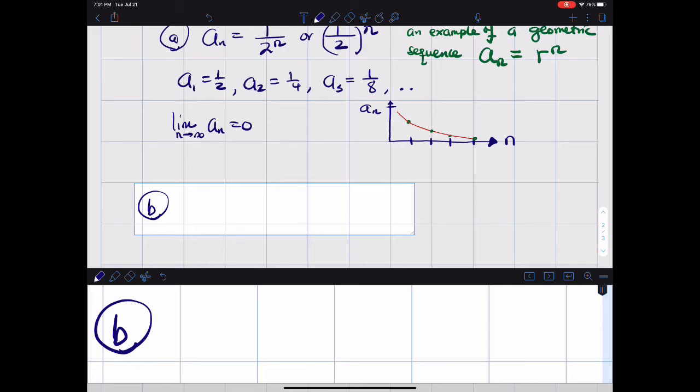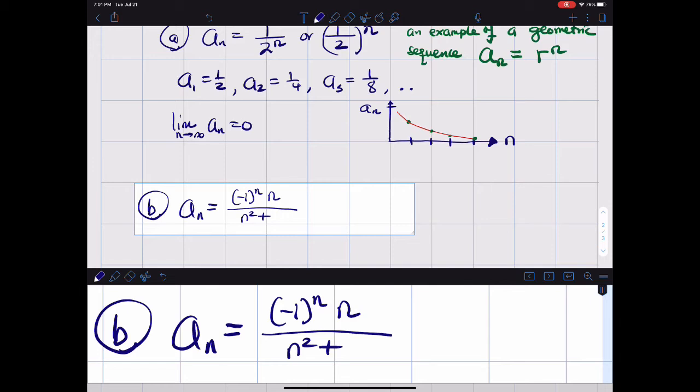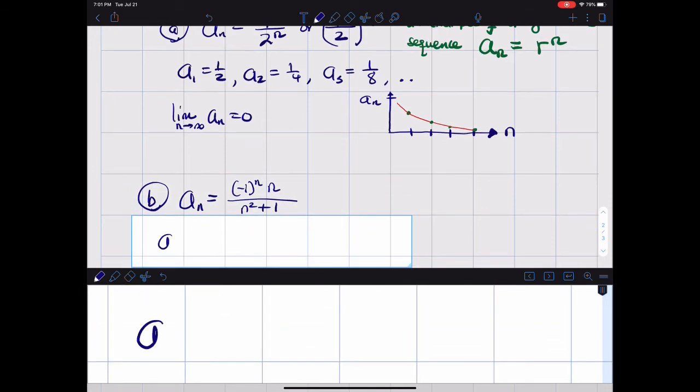So let's look at a_n. a_n is (-1)^n times n over n squared plus 1. So a1 is, just plug 1 in for n.